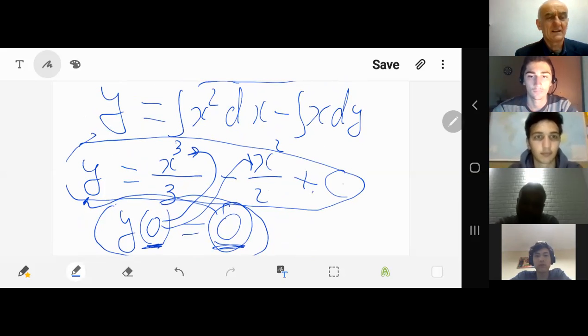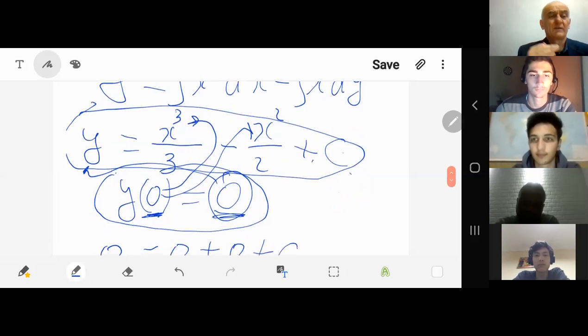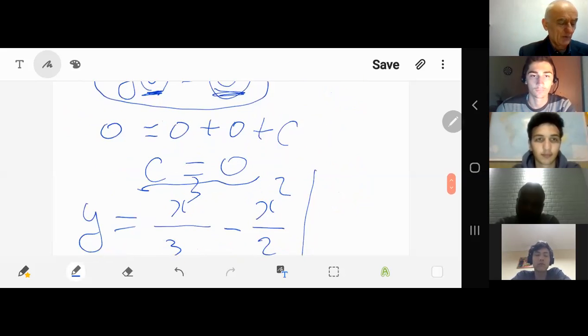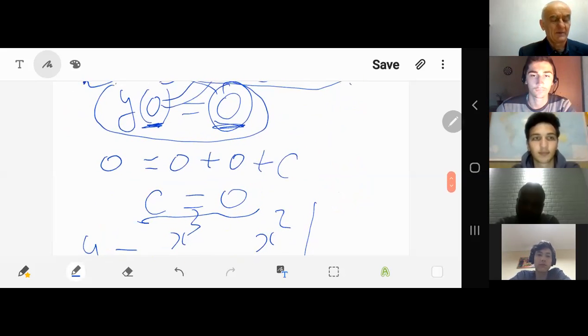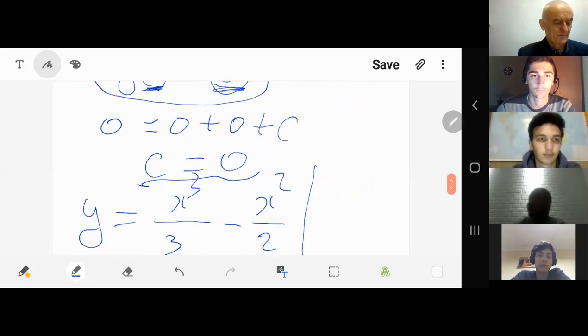C is different for these functions, and from these graphs we choose only one graph, which is when C equals 0.